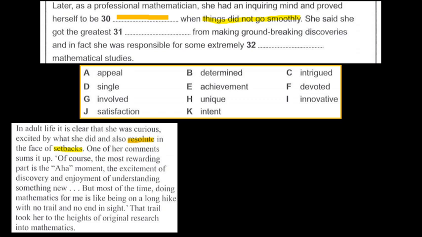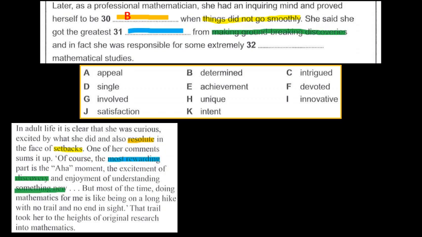Now, which word means the same as resolute? So resolute sort of means you don't give up, you keep going. Determined is a synonym of resolute. So for 30, B.